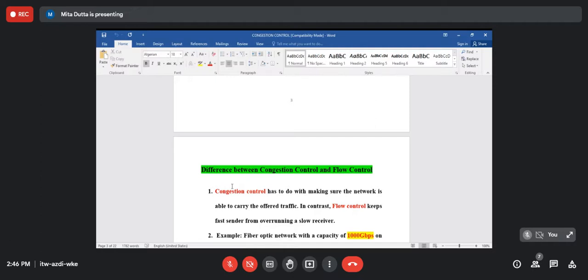Due to the difference in speed, this situation has occurred, and how could we control that situation?